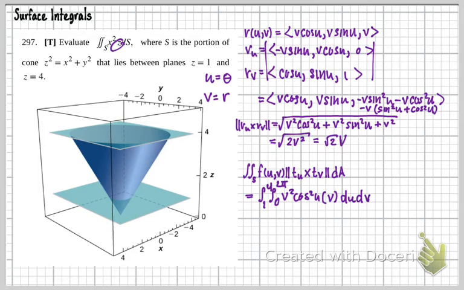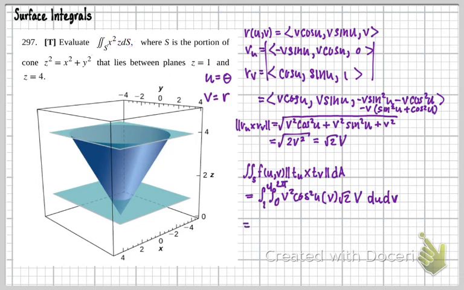Oh, I forgot one component here. I almost forgot about my r_u cross r_v. We did all that work for it, and we didn't even use it. That's going to be this square root of 2 v. Remember, this v is this z that we see. All right, now we're ready to roll.